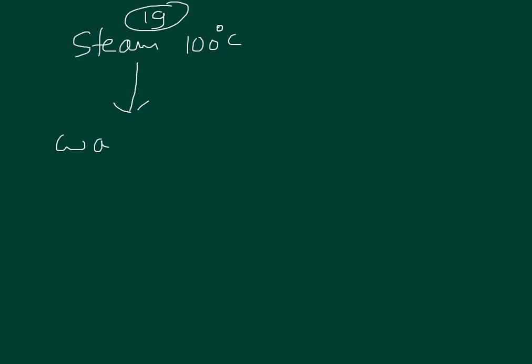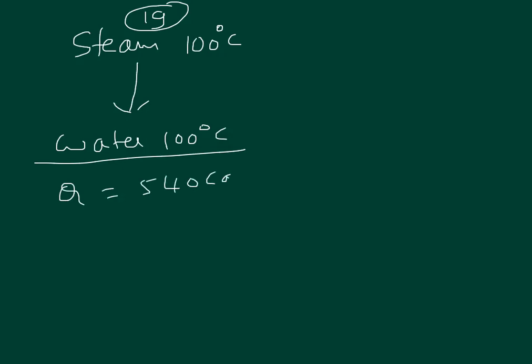Let me write these steps in one place. First, steam: 1 gram at 100 degrees centigrade. We converted it to water at 100 degrees centigrade. For this conversion, the heat provided is Q equals 540 calories. But the same 1 gram also has to come to a resultant temperature of 100.